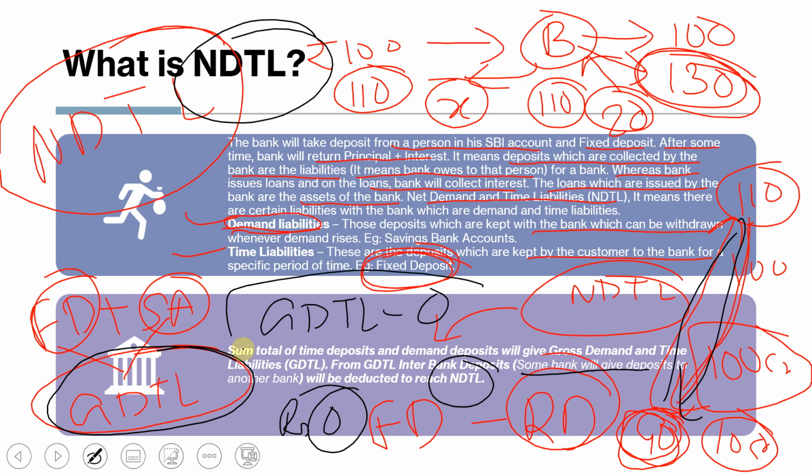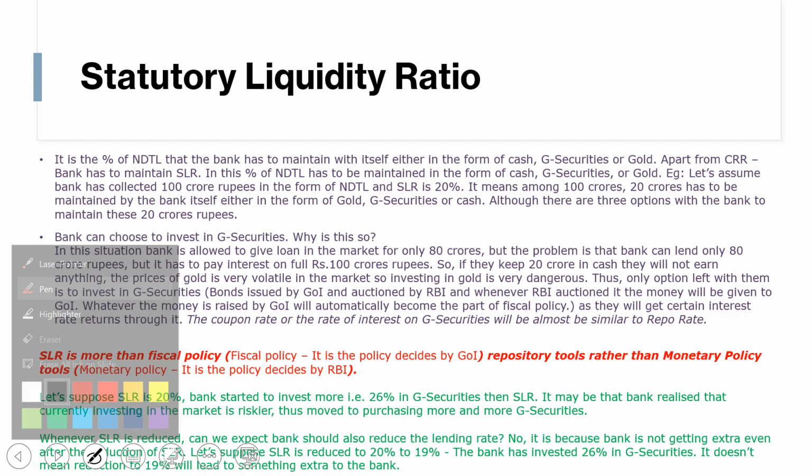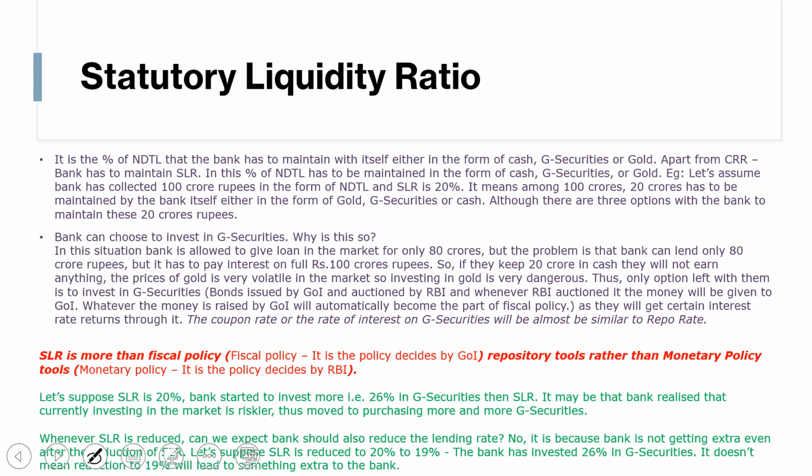Here is another scenario where a bank has not lent any money to another bank. In that case, rupees 0 will be your interbank deposit, and GDTL will be equal to your NDTL.